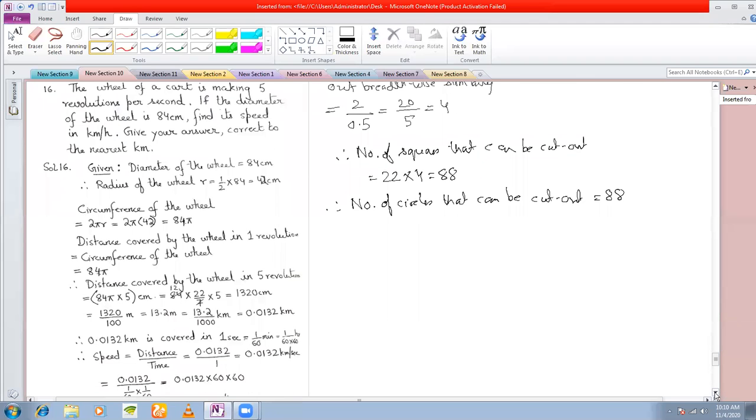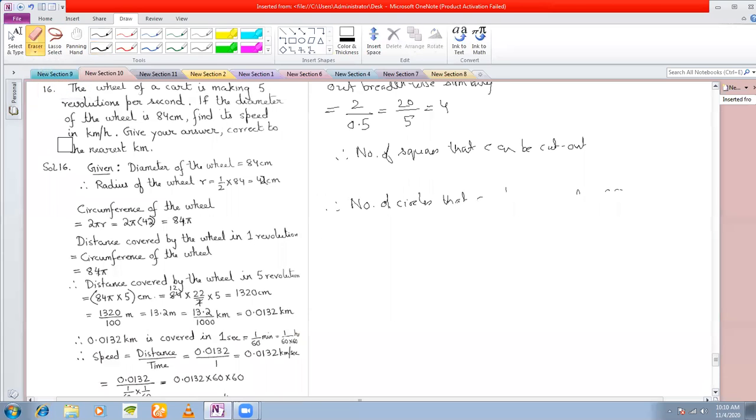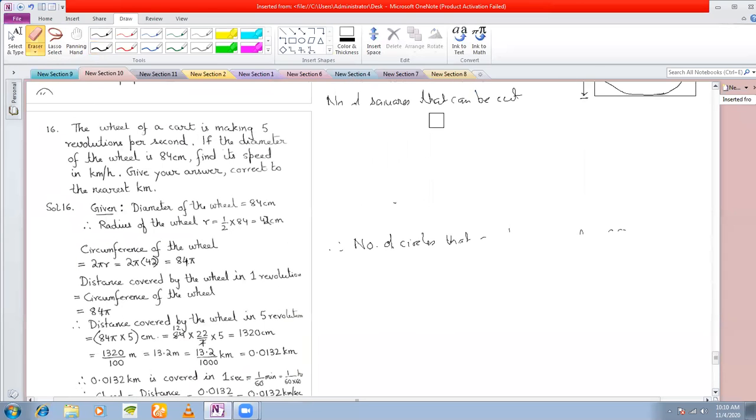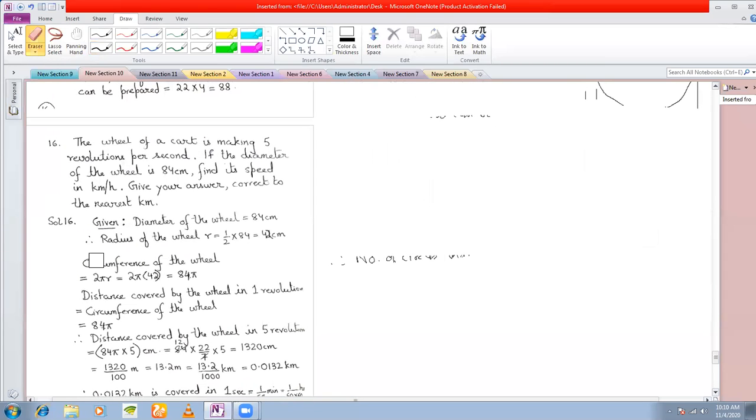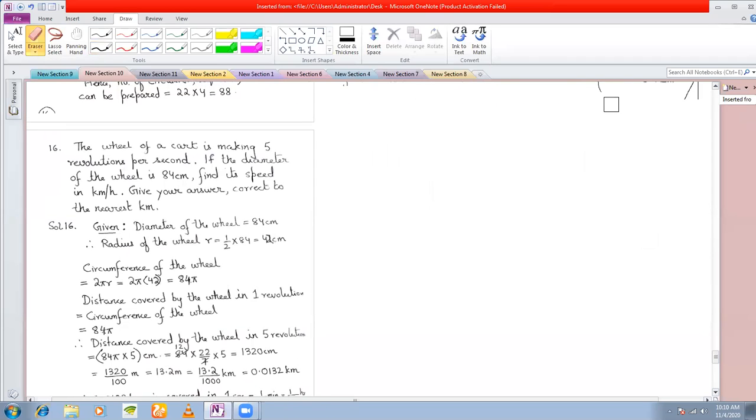Next problem is the wheel of a cart. Now here you have to understand this problem a little bit. This is also a little bit of common sense. The wheel of a cart makes 5 revolutions in 1 second. Suppose this is your wheel, and this is the floor on which it is rotating.